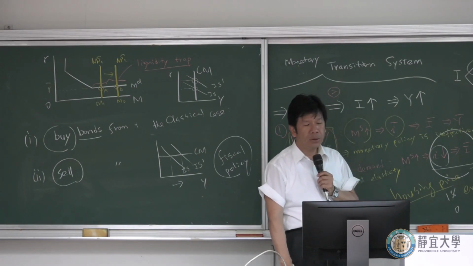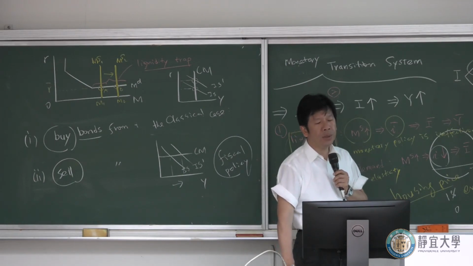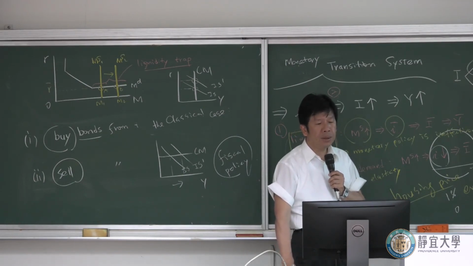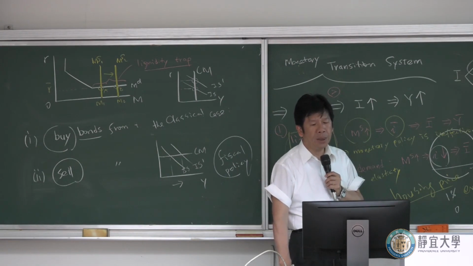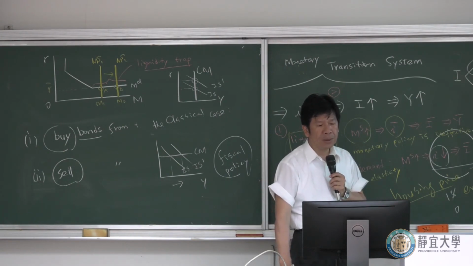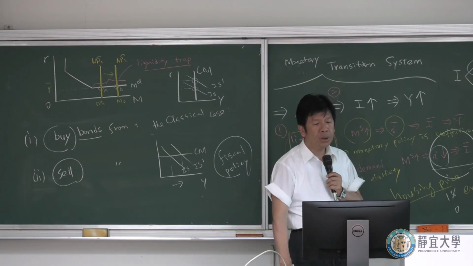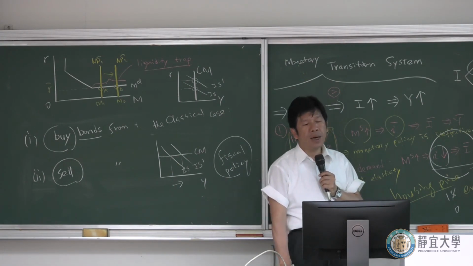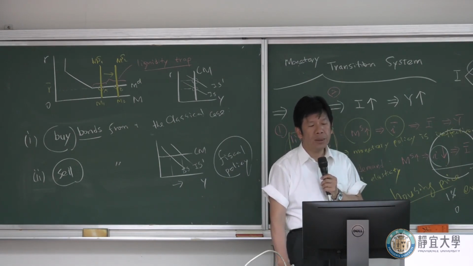When the LM curve is vertical, a given change in the quantity of money has a maximum effect on the level of income. If we look at the IS curve, it doesn't affect the level of income.